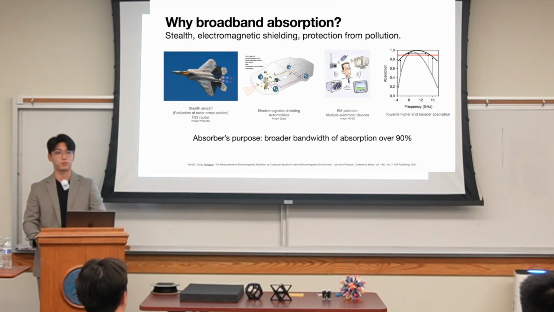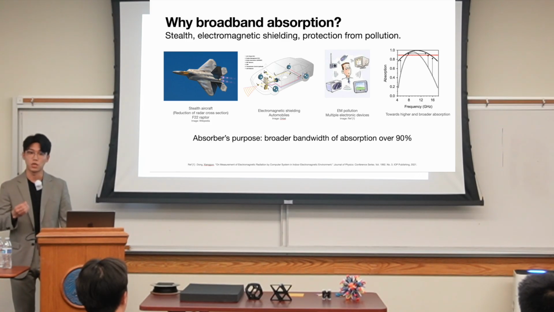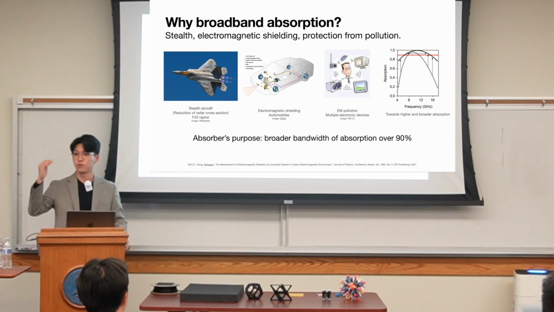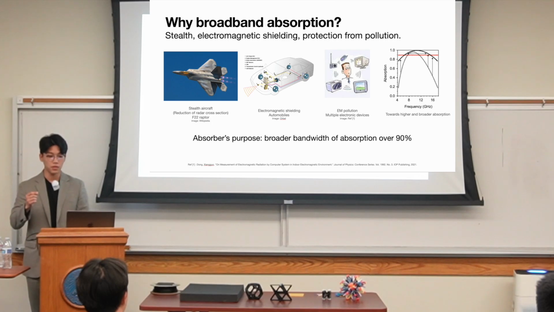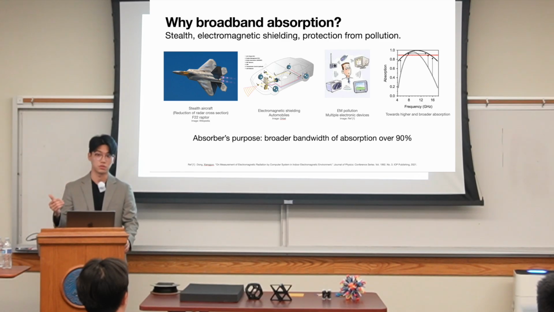So reducing this electromagnetic wave interference is one of the good applications that can be achieved. And last part is protecting us from pollution. Obviously, since we're using too much electromagnetic wave in our daily life, reducing this pollution is becoming a big topic. And achieving this absorption really helps with protecting us from the pollution.